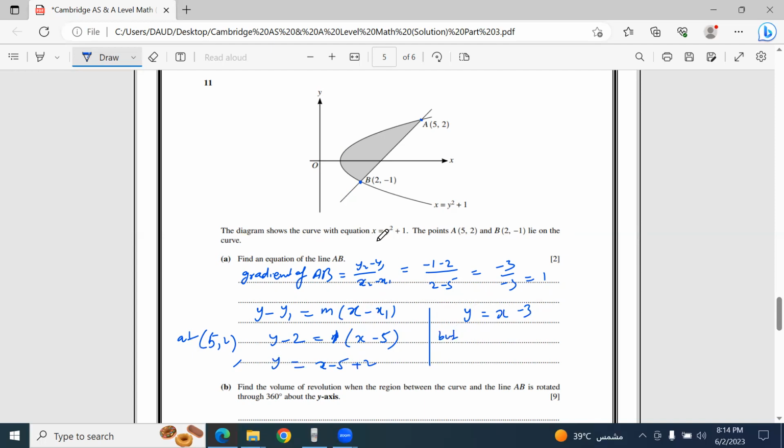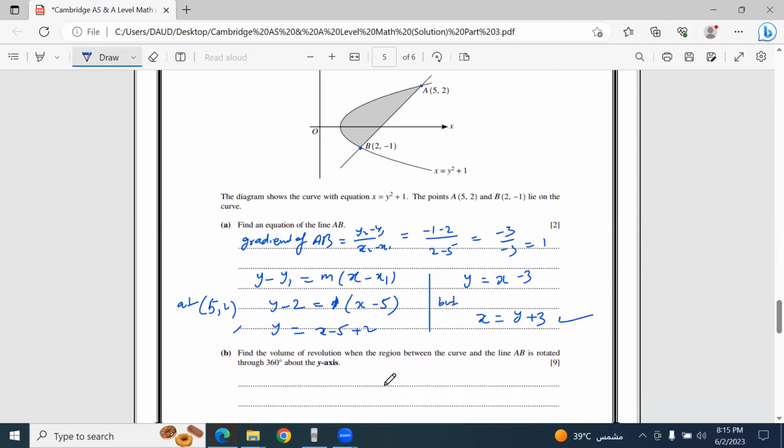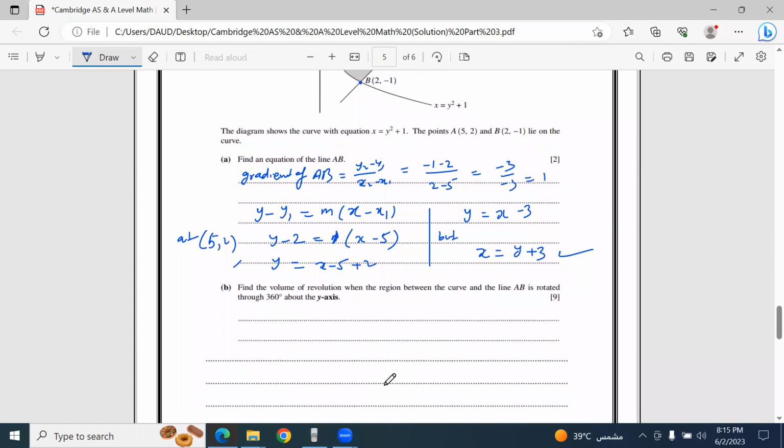But we are looking for x equal to what here, as you know that the curve is x is equal to y square plus 1. So x is equal to y plus 3. This is the required line that will help us to find the volume in the next part. They want us to find the volume of revolution when the region between the curve and the line AB is rotated through 360 degrees about the y-axis.